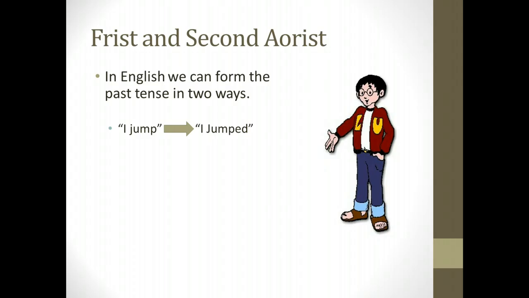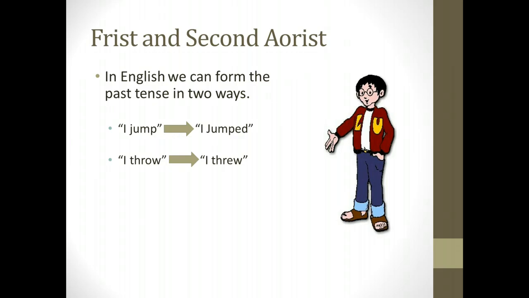But sometimes in English we can't just simply add an ed, so we change the spelling of the word. Instead of saying "I throwed," which we do not say in English, we then transform "I throw" to "I threw."